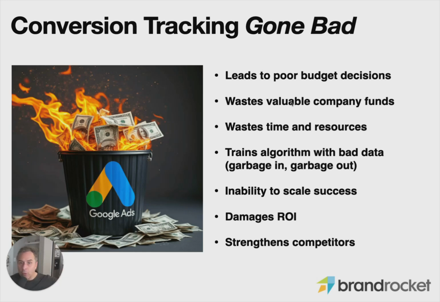It's supposed to go in one direction, and it's off on its own on a tangent. It's lost in the weeds. You absolutely have to make sure that you have proper conversion tracking so that your data is solid and you are not training the algorithm to go off on a tangent and start focusing on conversions that really don't matter to the practice.